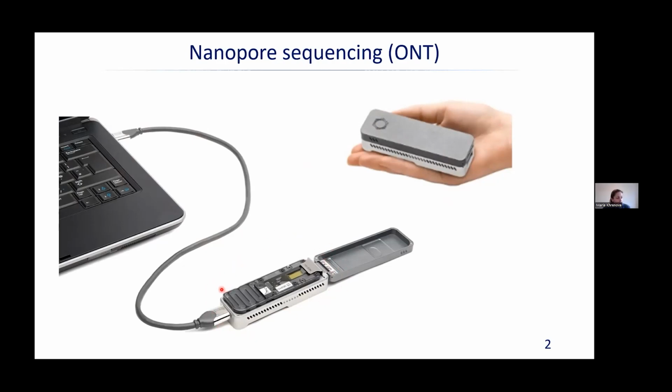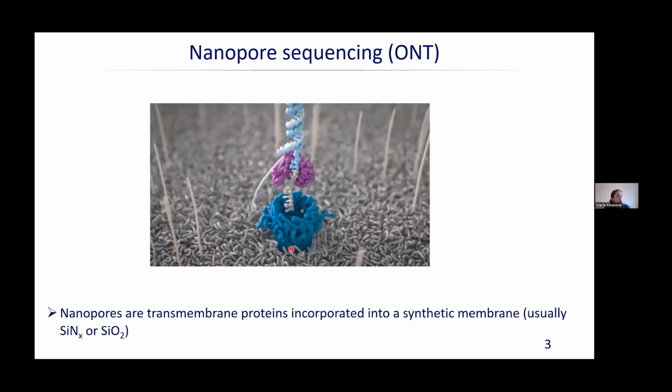It is very complicated, of course, and it has a part where you put your sample. The heart of this device is the nanopore, as can be deduced from the device name. I will show you how it works and what can be done using this new technique.